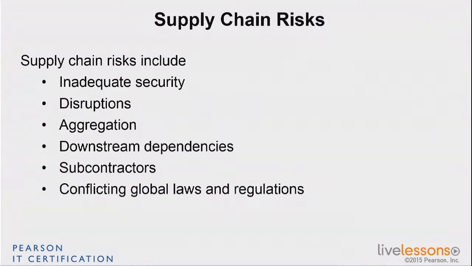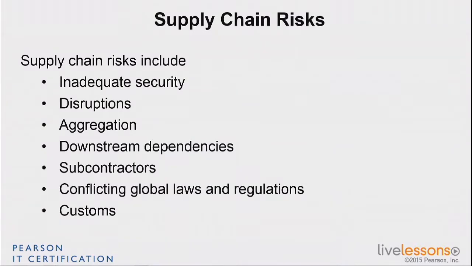And our supply chain may be working in parts of the world that have conflicting global laws or regulations. So we need to take all of these into consideration, including local customs. We always need to be aware of what the local customs are for our supply chain partners. It's very often now that we would work with organizations that could be located anywhere in the world.